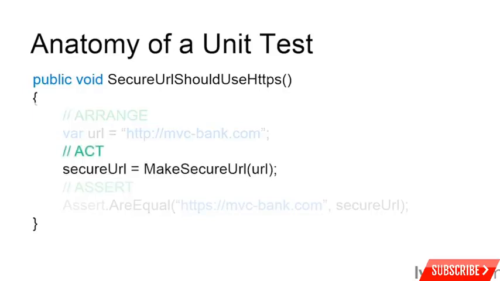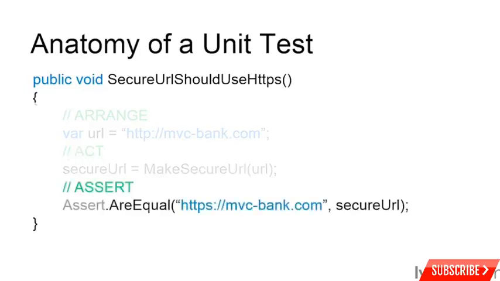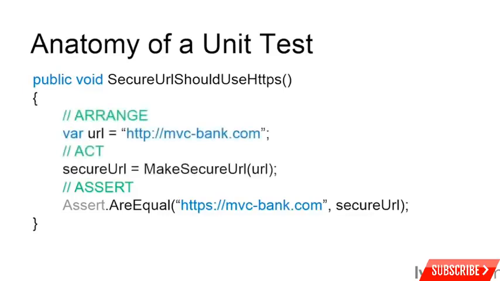In the act step, we run the URL through the makeSecureURL method, and then in the assert step, we test to see if the result is the expected one. We'll be using this assert class from Visual Studio's built-in testing tools. And the AreEqual method shown here doesn't return anything, but will actually throw an exception if the two objects are not equal, which is how we'll know that the test has failed.